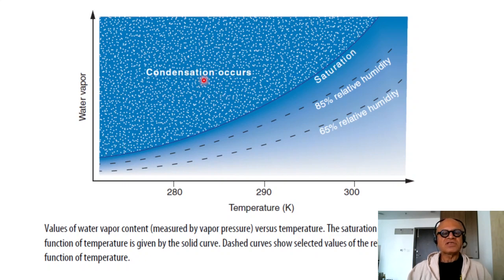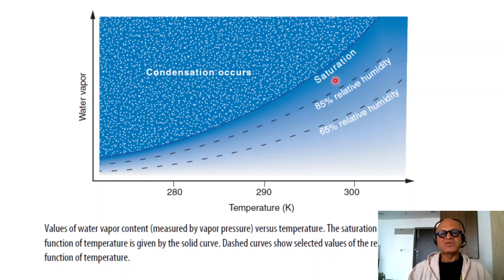So if you are on this side in terms of the temperature range and the vapor pressure, then there is condensation. Here, to put one more molecule of water in, you have to drop out one molecule, so rain occurs with this kind of condensation.